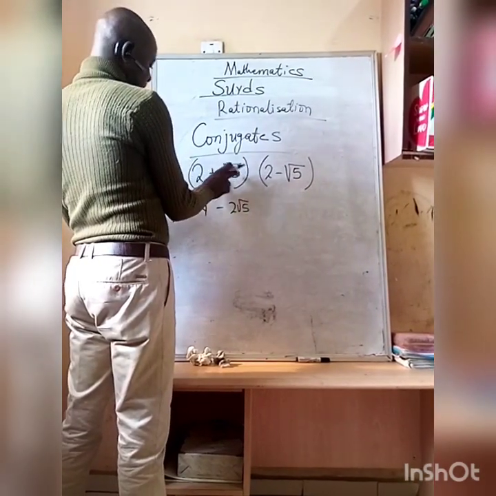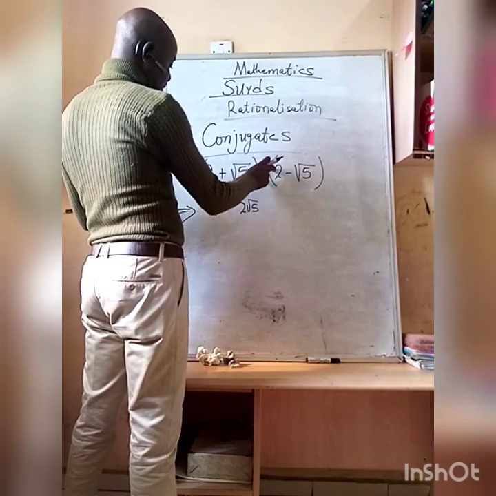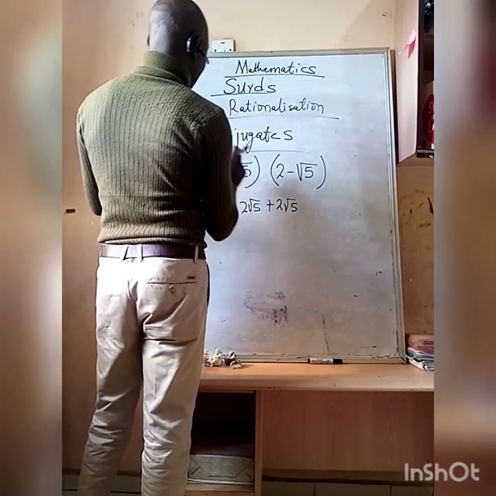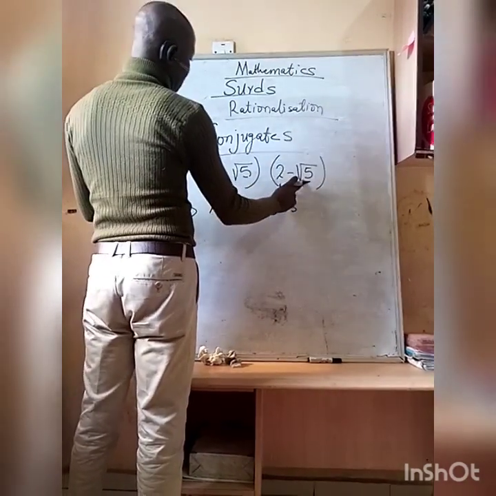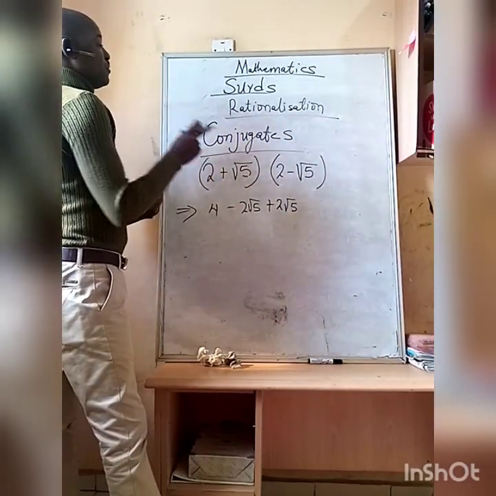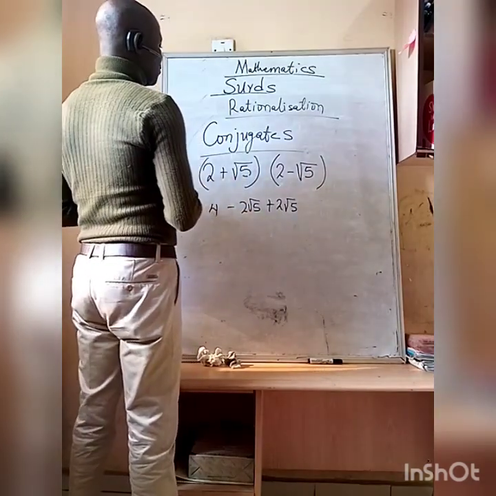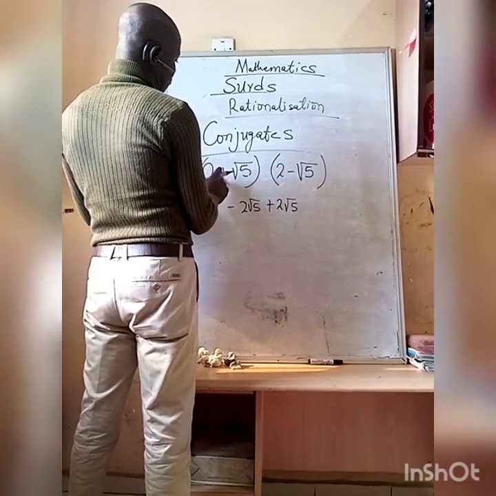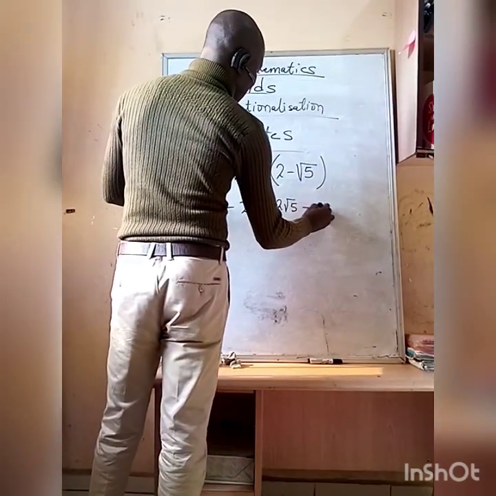This positive root 5 will multiply this to give us positive 2 root 5. This positive root 5 and this negative root 5. Don't forget that root a times root a is equal to a. But because this is negative and this is positive, we will now have this to be negative 5.